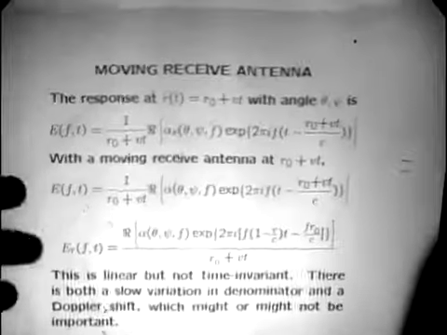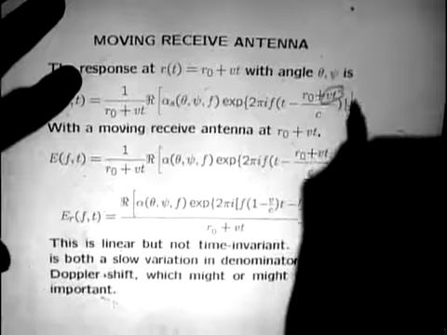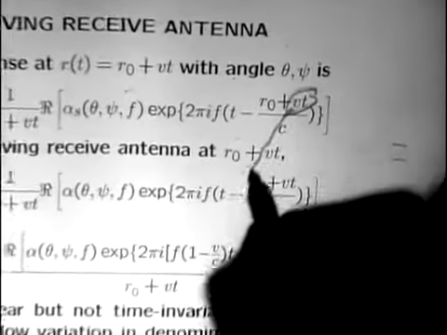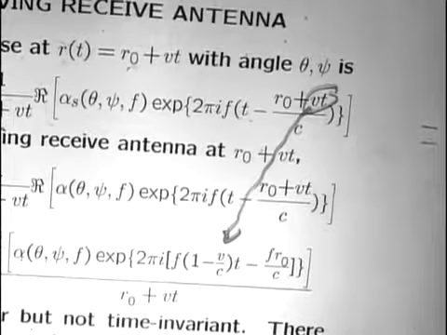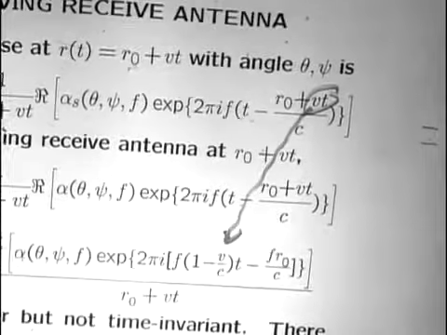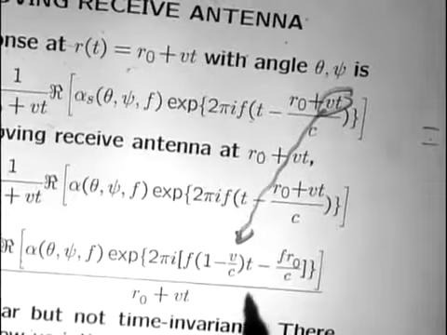This v over c here is just this term here coming down to there, okay? So nothing mysterious has happened here, but what you see is this well-known phenomenon called Doppler shift.